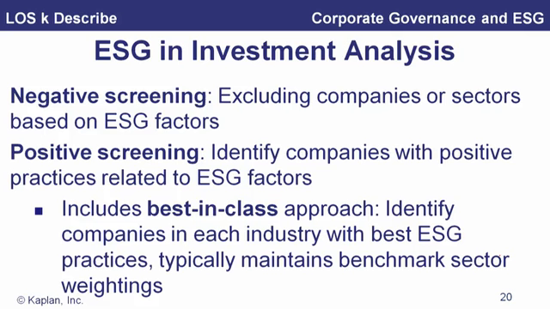And in this, we're going to identify companies within each industry with the best ESG practices. And typically, you can maintain your benchmark sector weightings. So they're not excluding any industries, they're not excluding any sectors. Within each one, they're going, well, let's just choose those companies with the best ESG, corporate governance characteristics, within each of those industries or sectors.